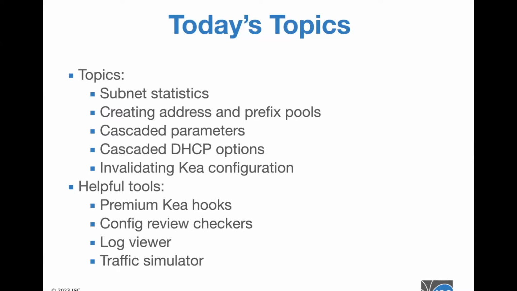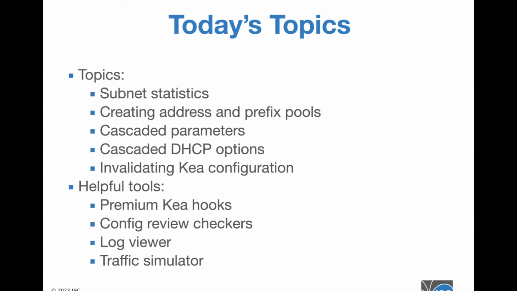And that covers to some degree subnet statistics, and creating address and prefix pools for a subnet, cascaded parameters, and by cascaded parameters I mean the hierarchical structure of parameters that we have in Kea, which is that you can specify certain parameters at global level, shared network level, subnet level, and pool level, and in Stork we have to deal with this complicated hierarchy, and I want to show you how to do that, and maybe gather also some feedback from you on what could be improved and what is possibly wrong with that.